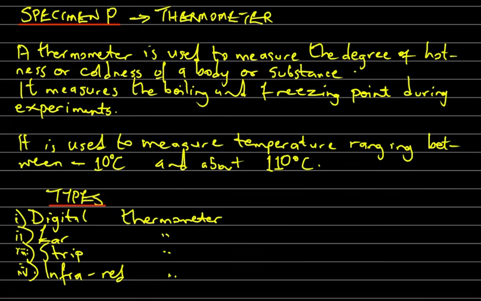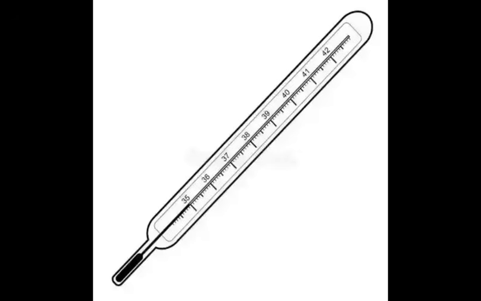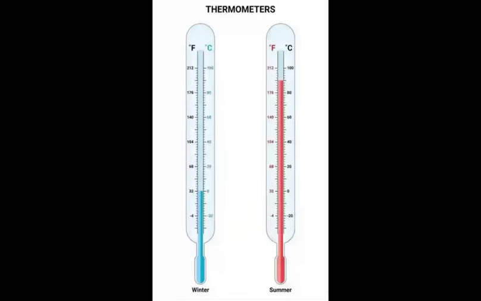We have digital thermometers, which have a screen where the measurement is displayed. And then we have the ear thermometer, the strip thermometer, and the infrared thermometer. All of these are examples of thermometers.